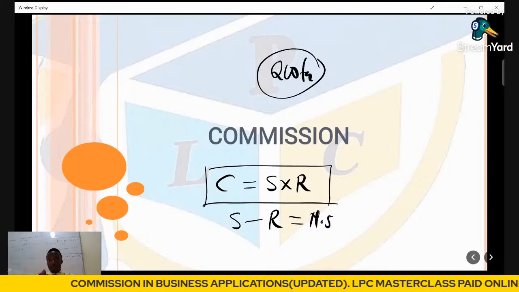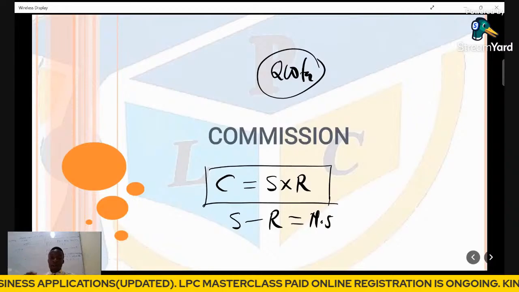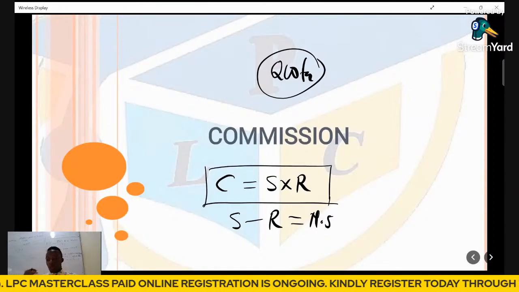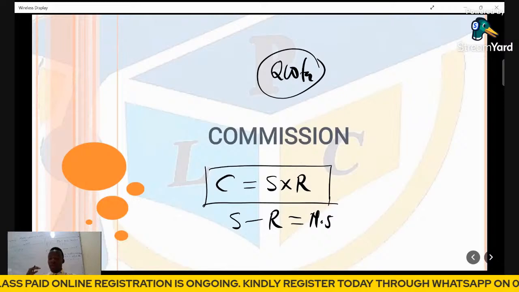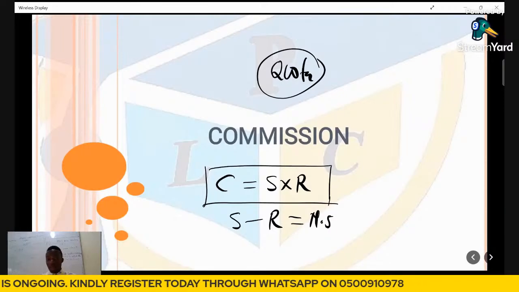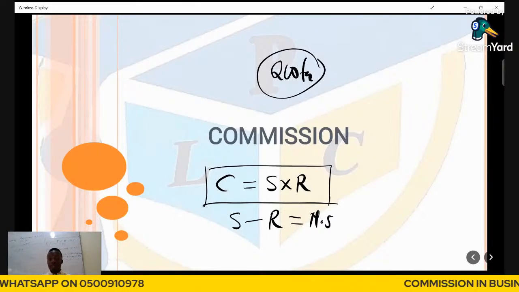So quota has to do with the level of sales that an individual must meet or exceed in order to get a commission. Quota comes in where an individual must exceed a certain level of sales before they can get a commission. So at any point in time, we have quota and returns as part of the variables for us to calculate commission.